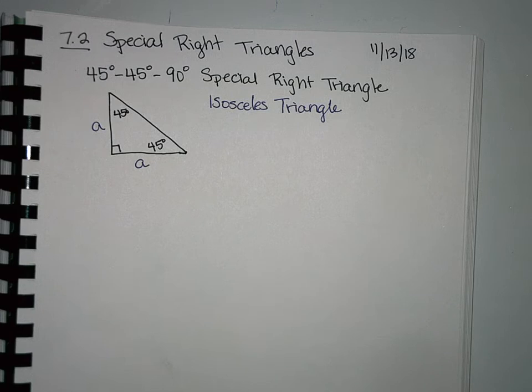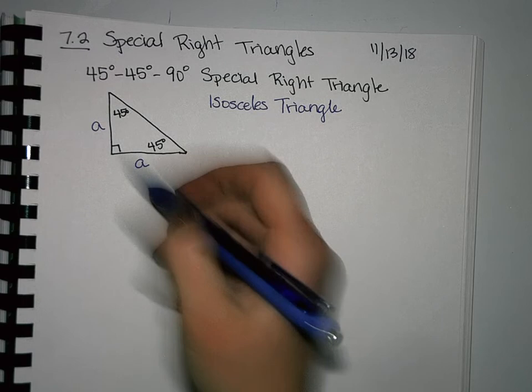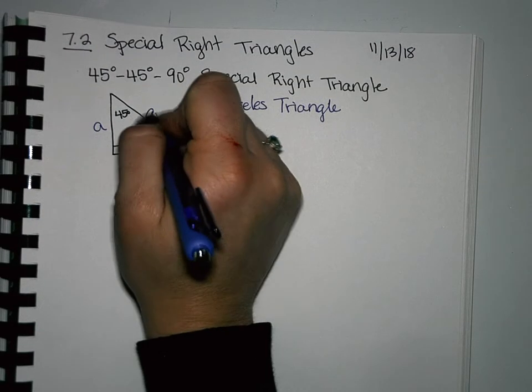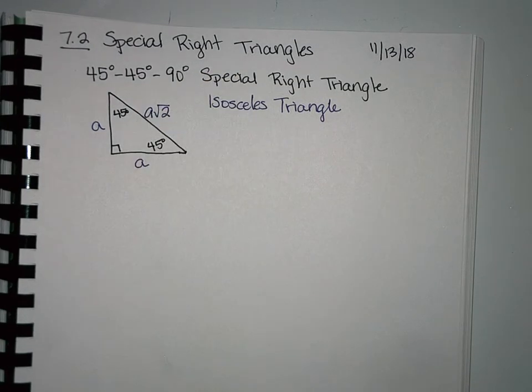So we're going to call them A, and both the legs are A. If we were to do the Pythagorean theorem with side length A for these two legs, you would get that the hypotenuse is A root 2. And this is a pattern that works for all 45, 45, 90 triangles. This is the pattern that we're going to be working with.